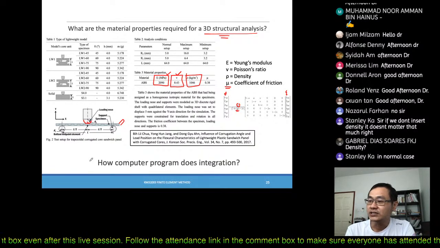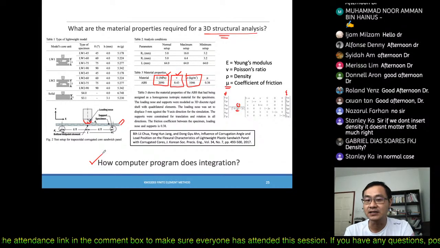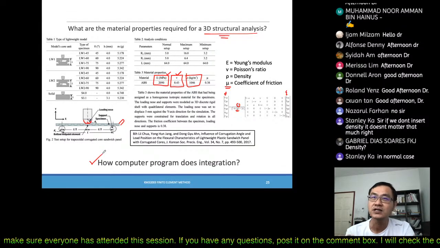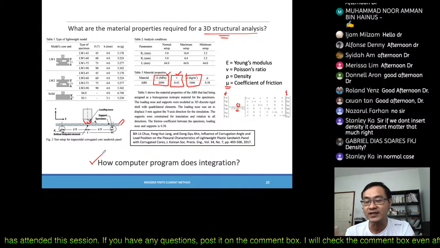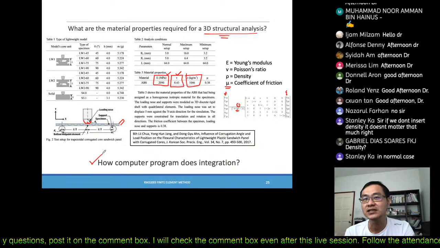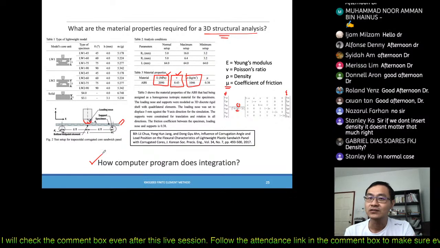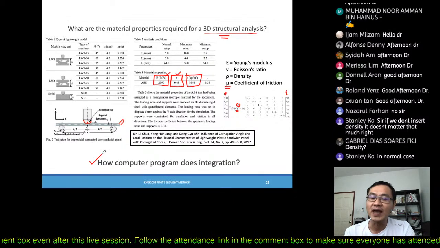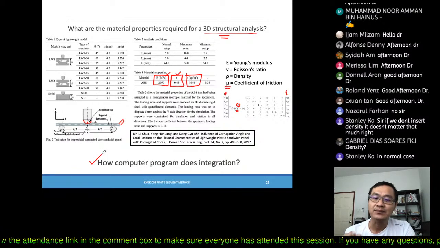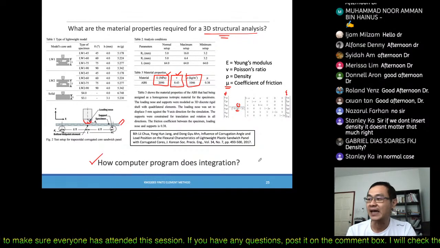So another question that I pose here is how a computer program actually does the integrations. As you can see previously, there is body force, there is surface force, and they include integration. So how did they actually do all this integration? We can draw in the software any kind of shape that we want, right? But then that computer program will have to discretize them into elements.